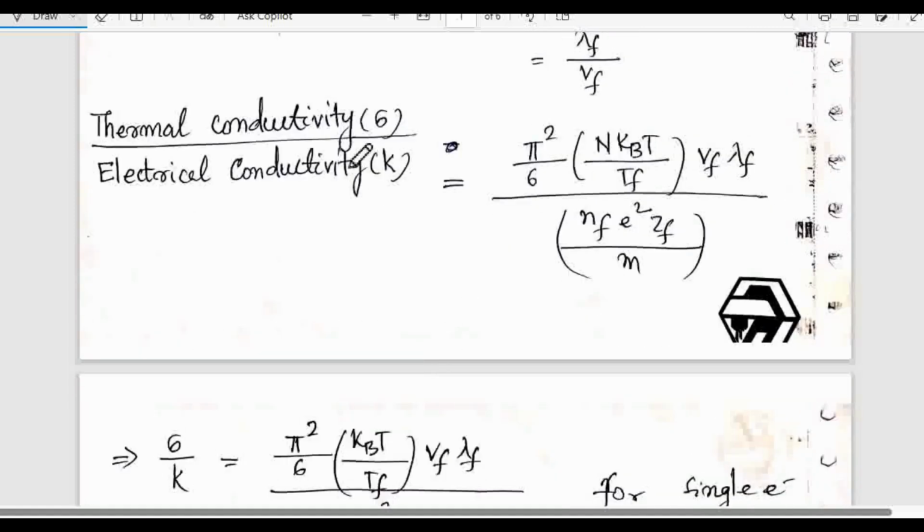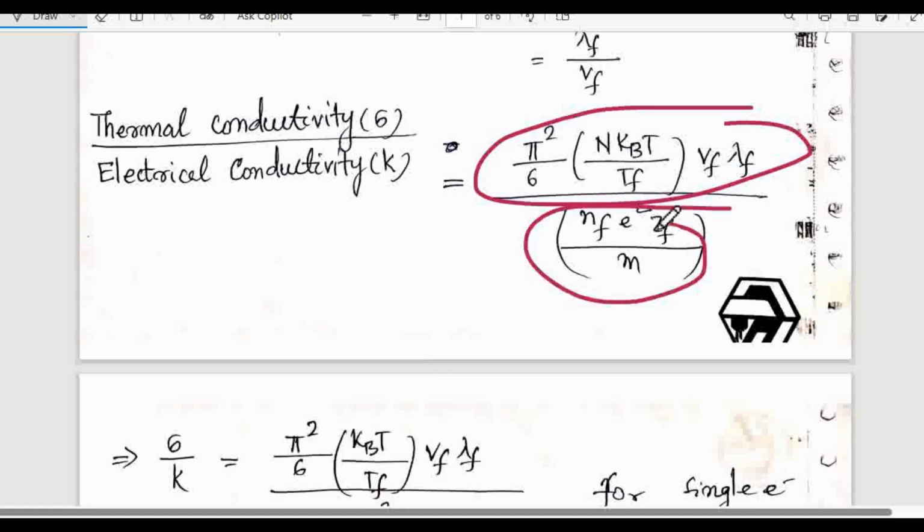Now you take the ratio. This is the thermal conductivity sigma, and this is the electrical conductivity K. Let us take the case of only a single electron, so this capital N will be 1 and this Nf will be 1.